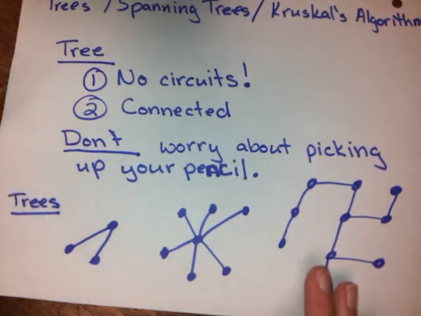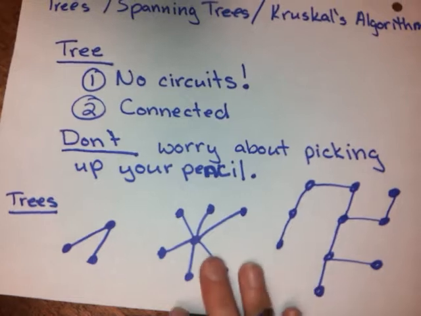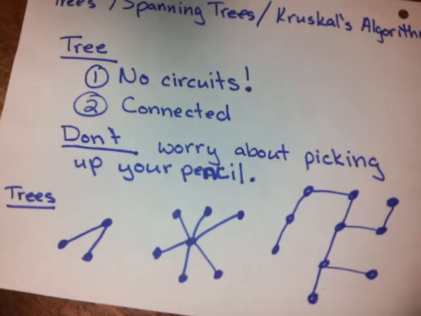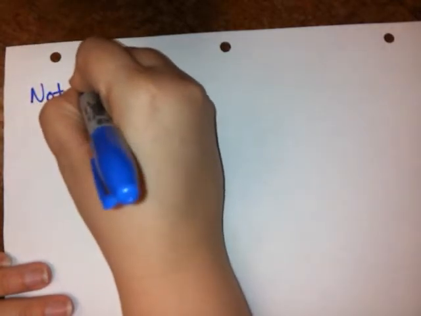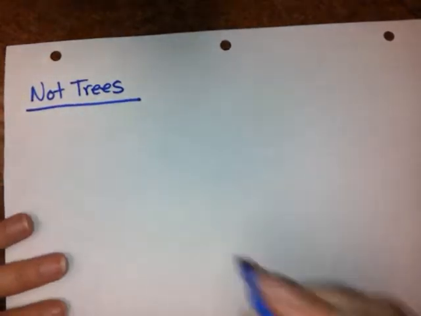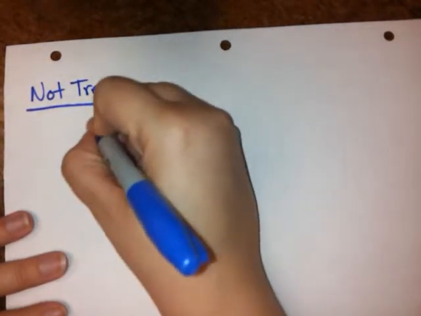Okay, so if these are trees, what are some things that aren't trees? Because sometimes you kind of have to see examples of things that aren't trees to really understand what is a tree. So here are some not trees. Here's one that is not a tree.